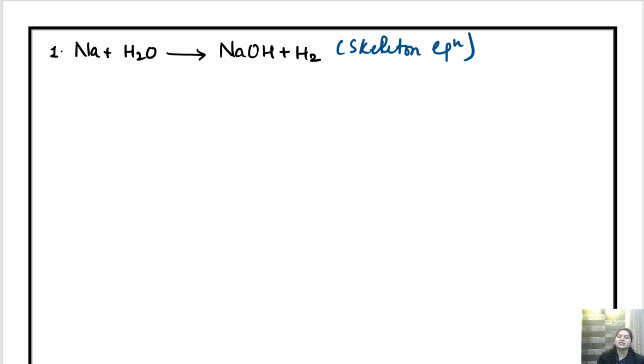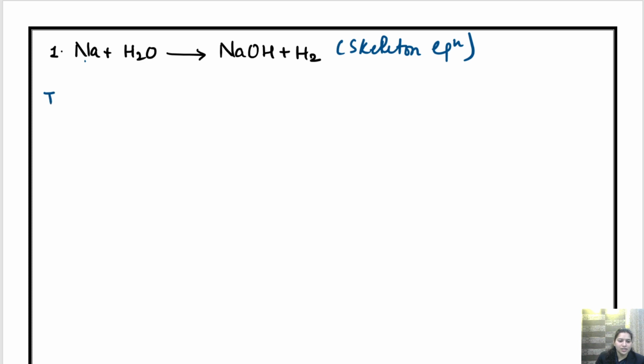Okay. Now what we have to do? First we have to see कौन सा सबसे कम है. So here, see, sodium and sodium we have only one at one place. हाइड्रोजन ज्यादा है, ऑक्सीजन भी ज्यादा है. ठीक है, तो we will select.